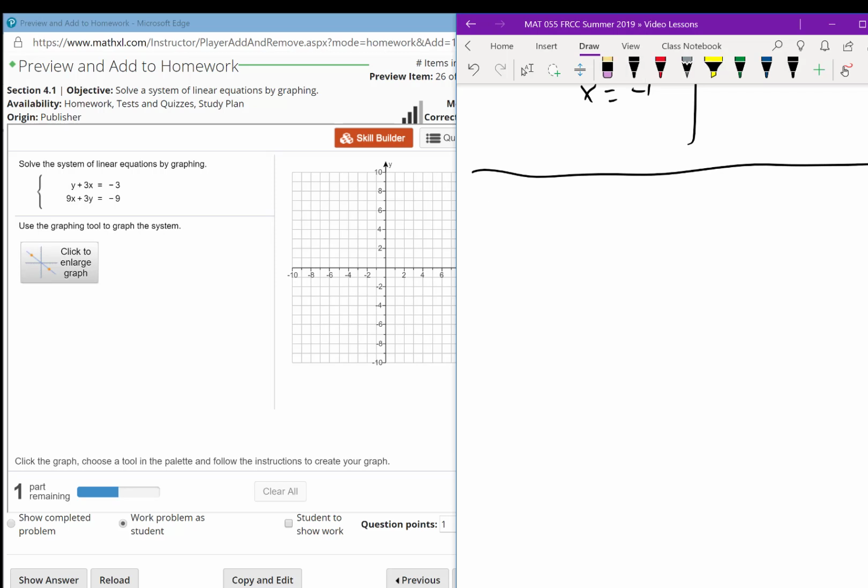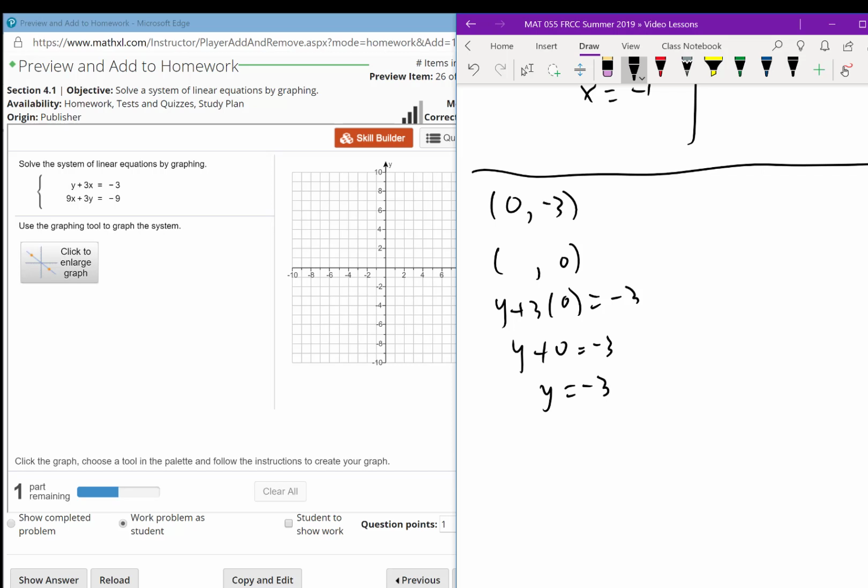All right, so to solve this one, let's find the x and y intercepts. So I get 0, comma 0. So for x is 0, I get y plus 3 times 0 equals negative 3. So y plus 0 equals negative 3. So y equals negative 3. So I'll plug a negative 3 there.